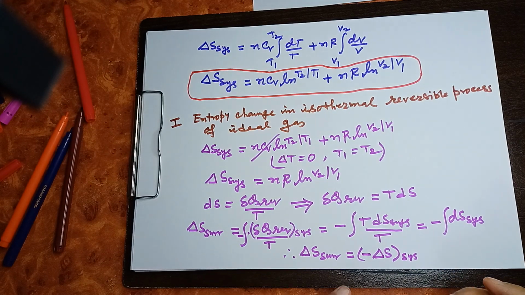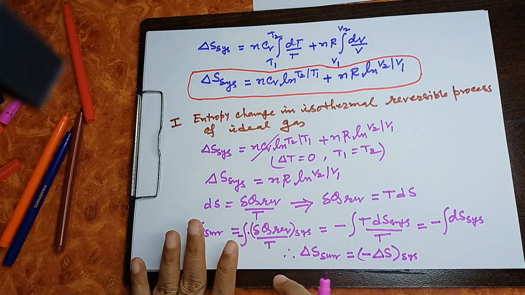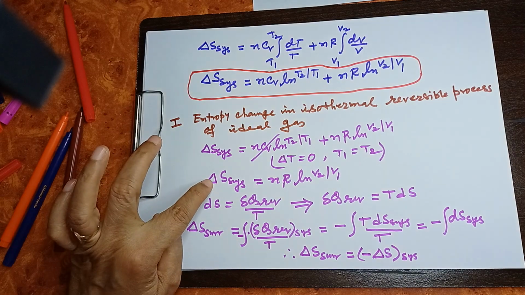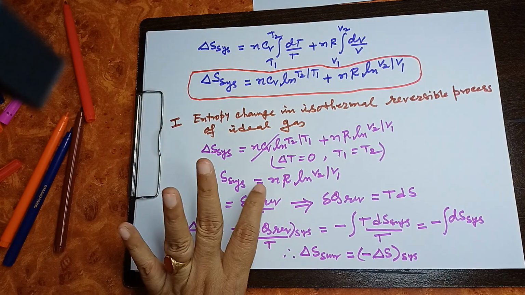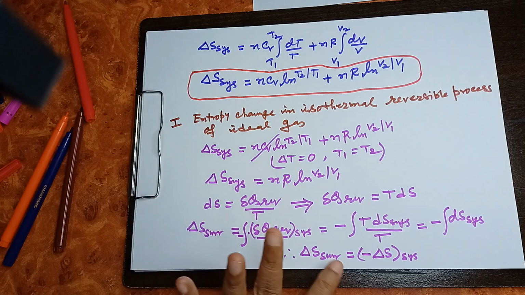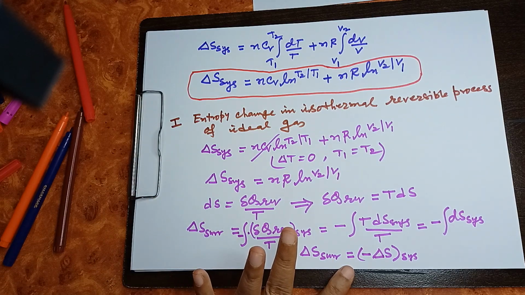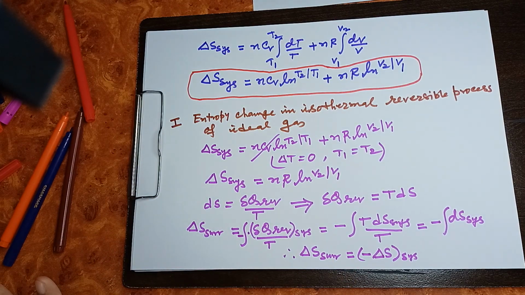Surrounding and system, the only difference is system is absorbing heat, so entropy change is positive, same amount, and surrounding is releasing, so entropy change is negative.